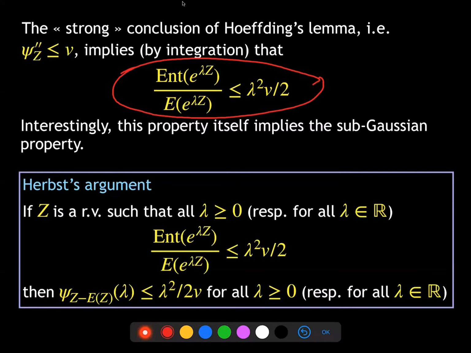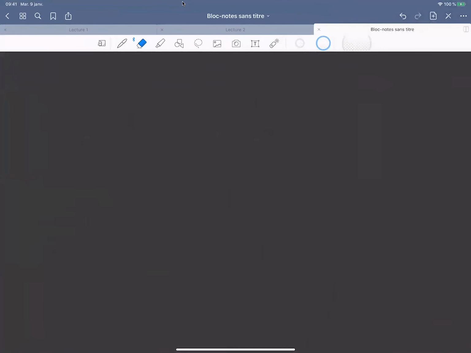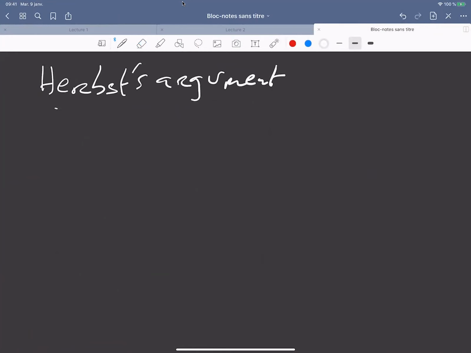So let's see the proof of Herbst's argument. It's not very difficult. It's simple analysis, in fact. So we just define Z tilde, which is the variable Z minus its expectation. So we center the variable.